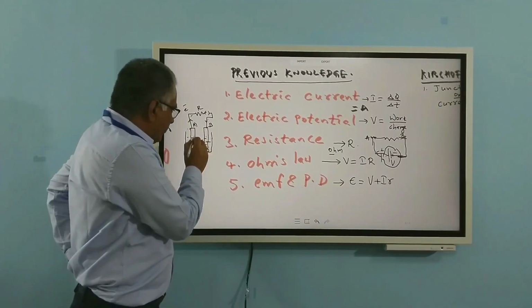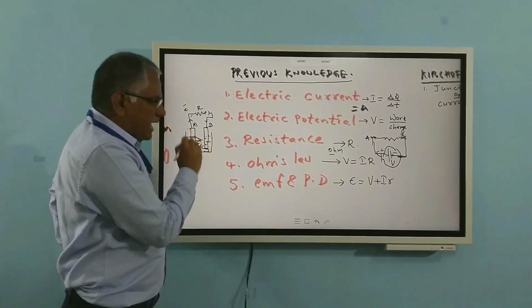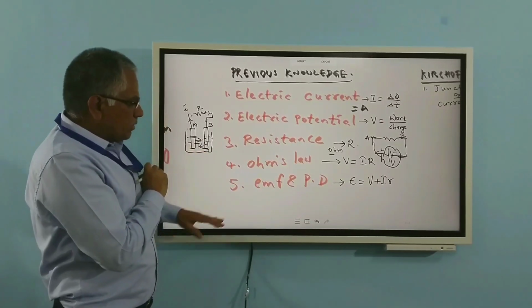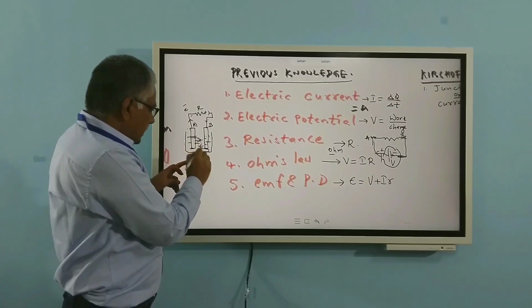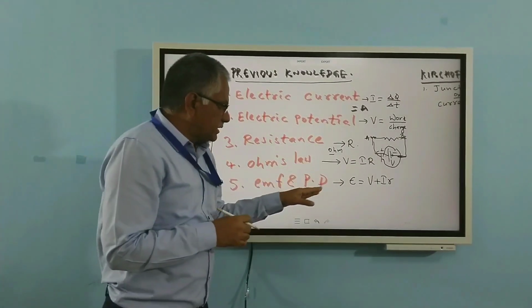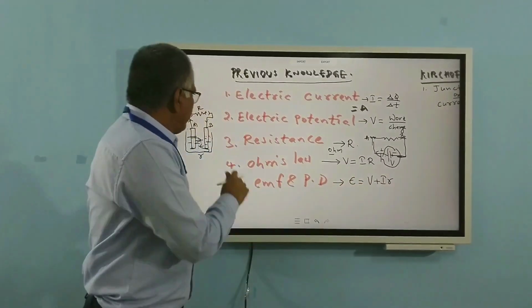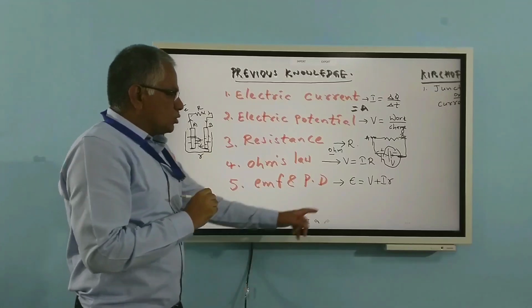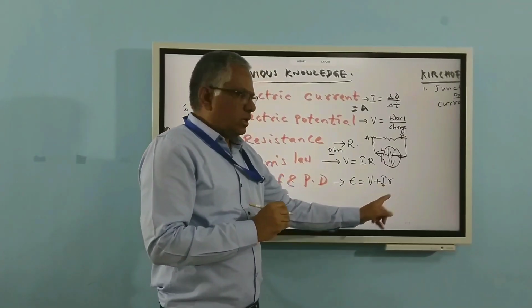The opposition offered by this electrolyte to the flow of ions is known as the internal resistance of the cell. Now, about EMF and the potential difference: suppose I open this circuit, there is no current in the circuit. When there is no current in the circuit, this becomes zero.